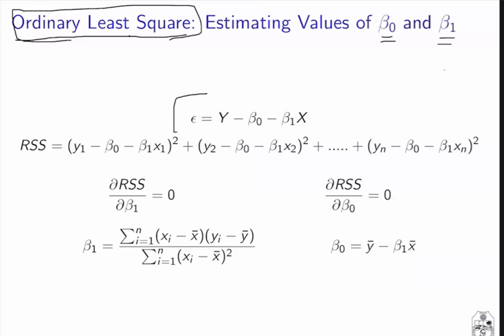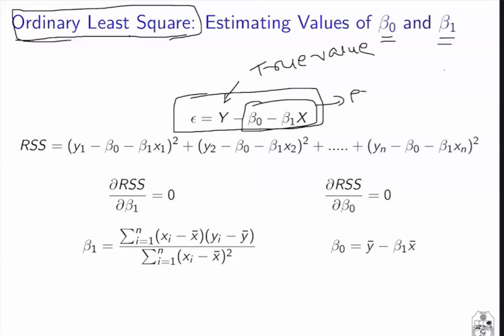The ordinary least square method works to minimize the error, which is calculated like this: y is the true value, beta 0 plus beta 1 x is the predicted value, and this difference is nothing but the error. We call it the residual sum of squares because it is the sum of the squares of the error terms.